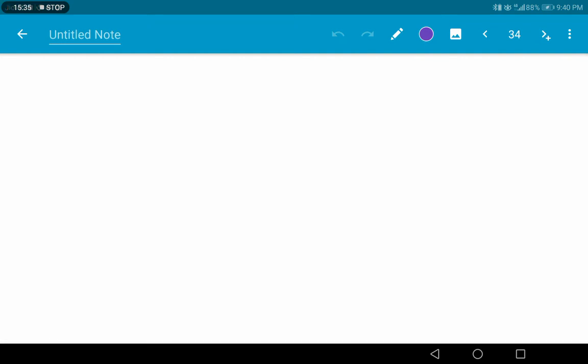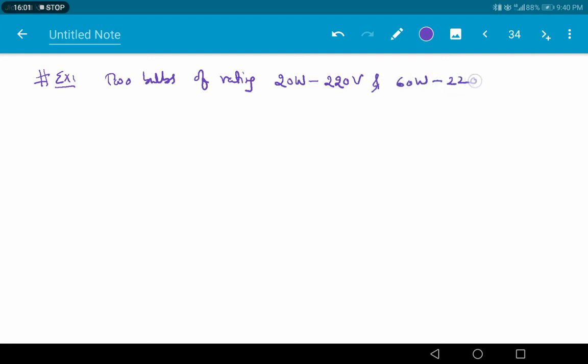So the question is given like this: two bulbs of rating 20 watt, 220 volt and 60 watt, 220 volt are connected in series.